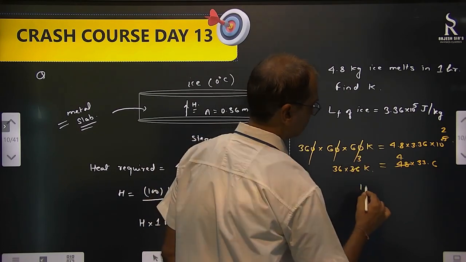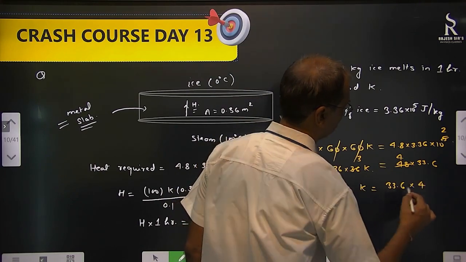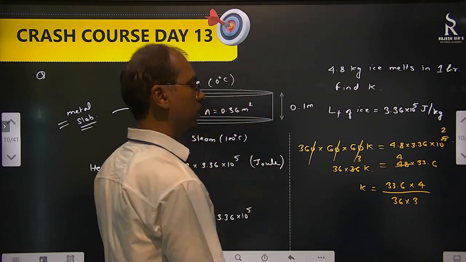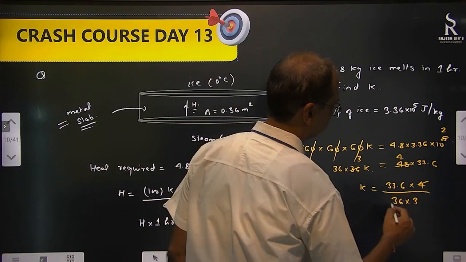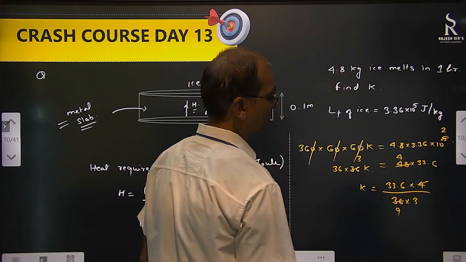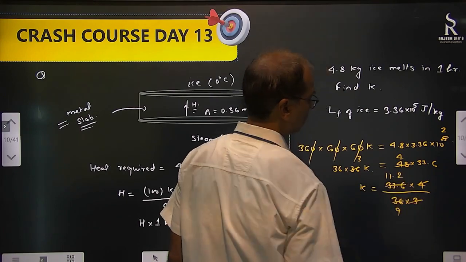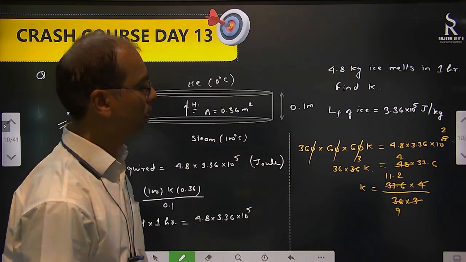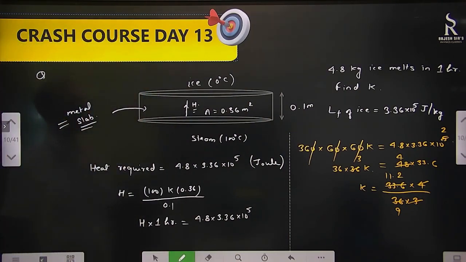So K value is 33.6 into 4 by 36 into 3. Okay, more we can calculate. This is 9. Then this is 3, 11.2 by 9. Okay, 1 point something will come. So this is how questions will be asked from you on conduction.